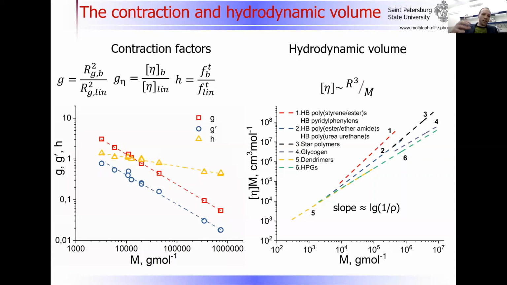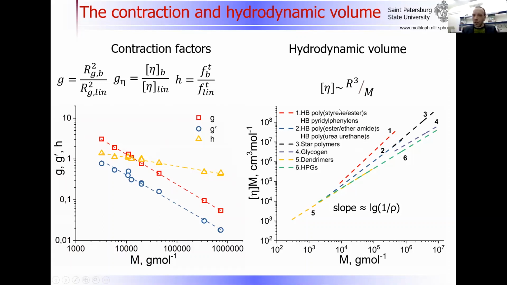Then if we calculate or estimate the volume of the macromolecules in terms of, for example, intrinsic viscosity multiplied by the molar mass, which will be the first approximation in relation to the volume, we see, plotted in a double logarithmic manner along the molar mass, that even hyperbranched or branched topologies are really different in the volume.